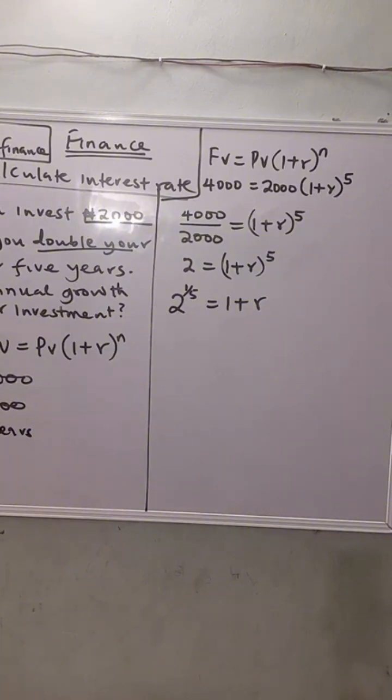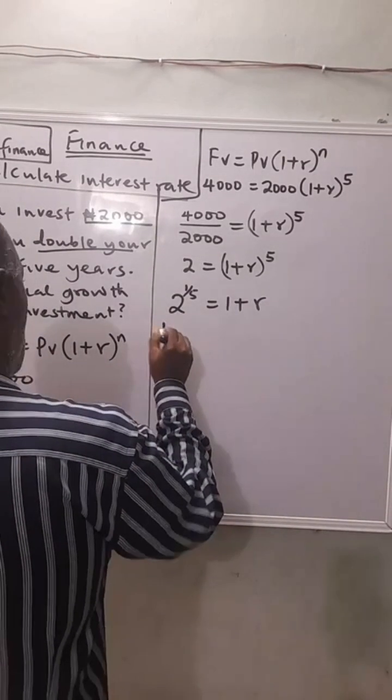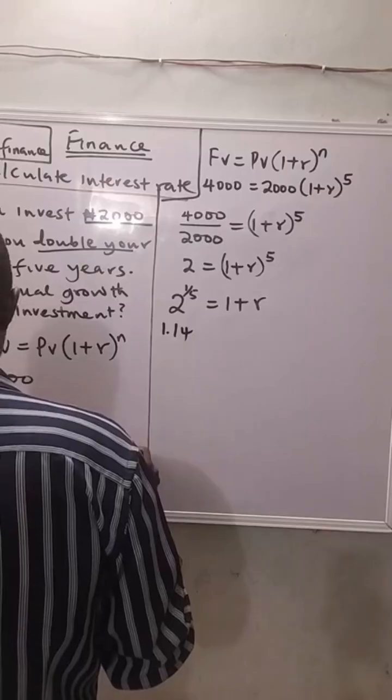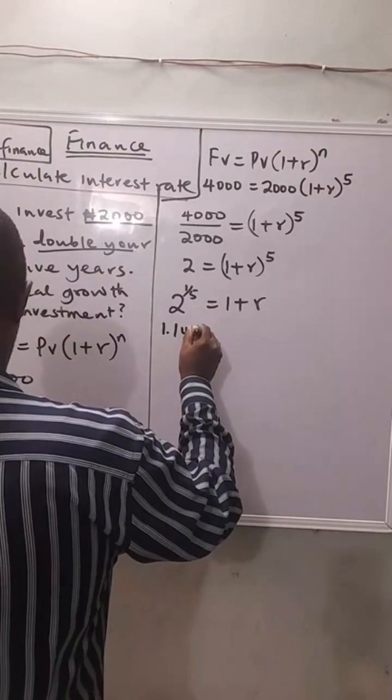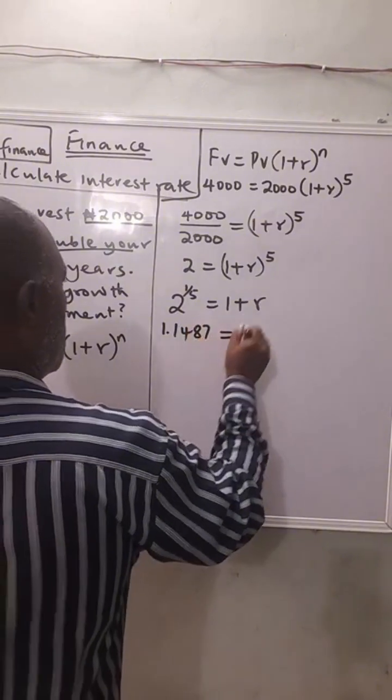We have here 2 whole number raised to the power of 1 over 5. 1 over 5 is the same thing as 0.2, so 2 raised to the power of 0.2. We'll have 1.1487 equal to 1 plus R.